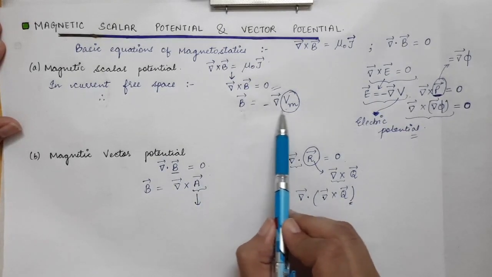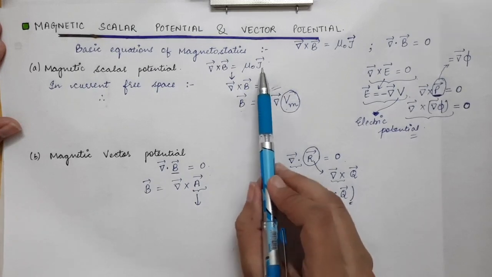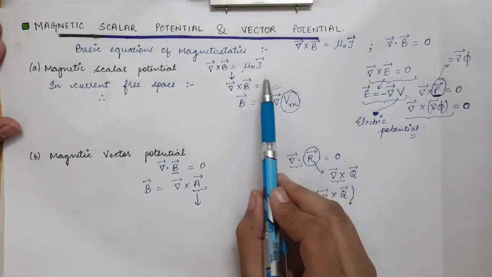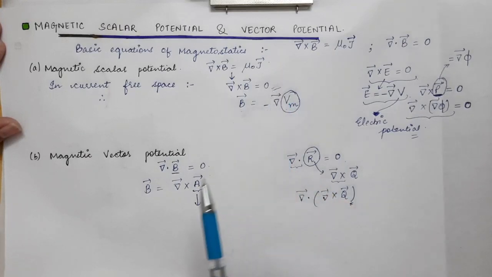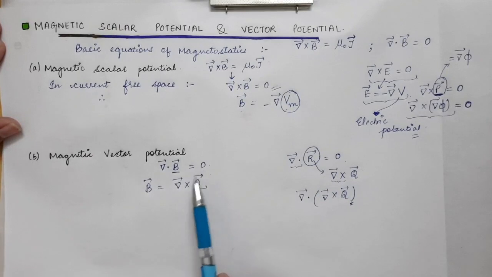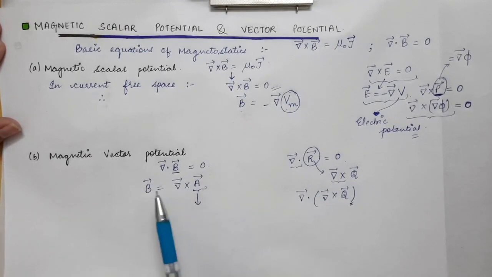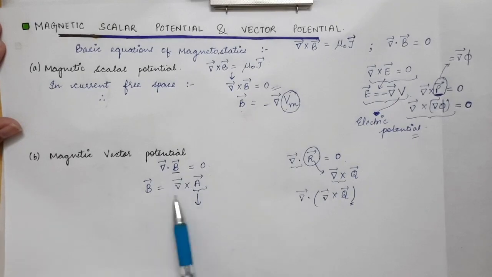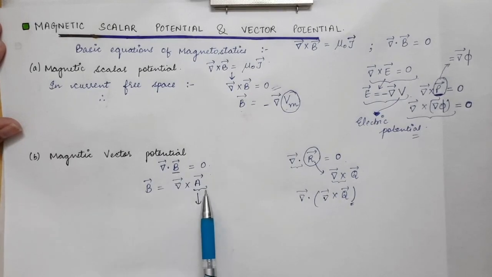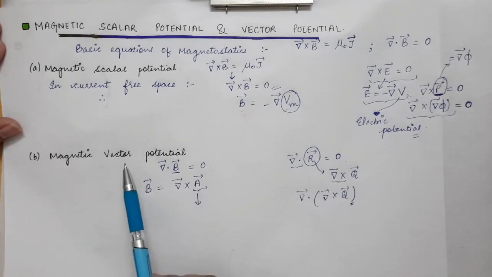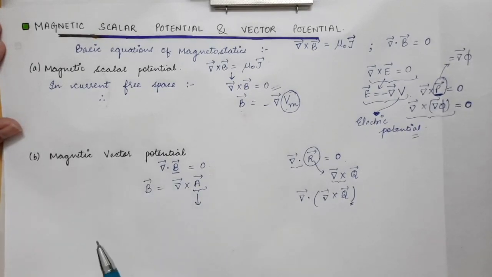That scalar potential equation you get only when you put the J vector equal to 0 on the right-hand side, but that is not the case in general. This equation is valid for every region. So the divergence of the magnetic field is 0, so the magnetic field can be expressed as the curl of some other vector, and this vector is called the magnetic vector potential.